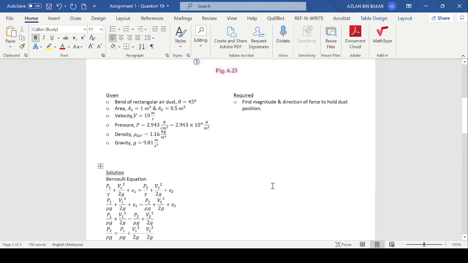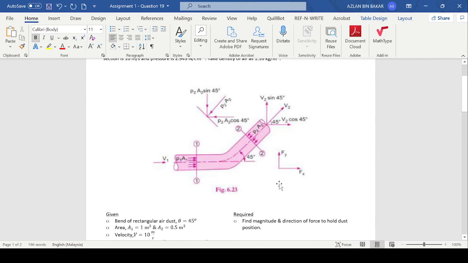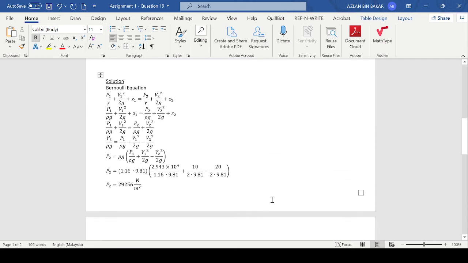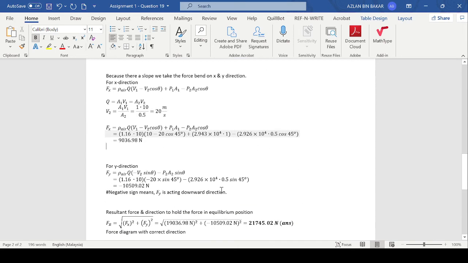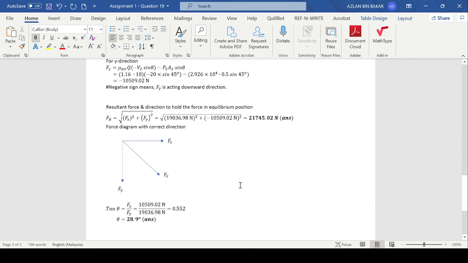Then after we take the x and y force, we can get the resultant force. Basically we need to find the resultant force and the direction, based on the question. To find the resultant force, we use the given formula.